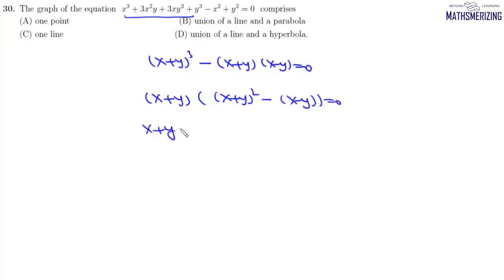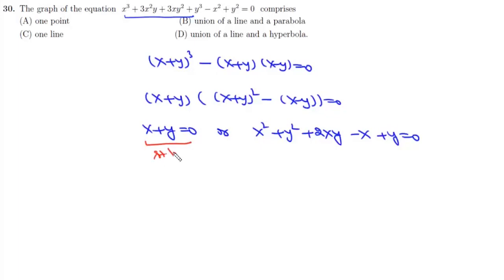So one of the curves will be x plus y equals 0, and the other curve will be x square plus y square plus 2xy minus x plus y equals 0. Now this is nothing but a straight line. Now what about this curve?